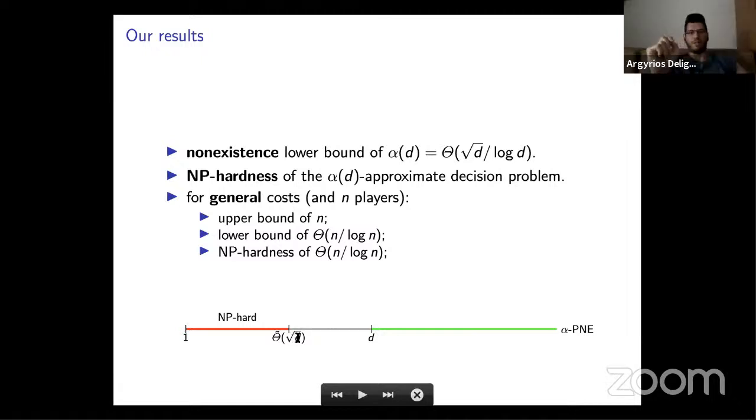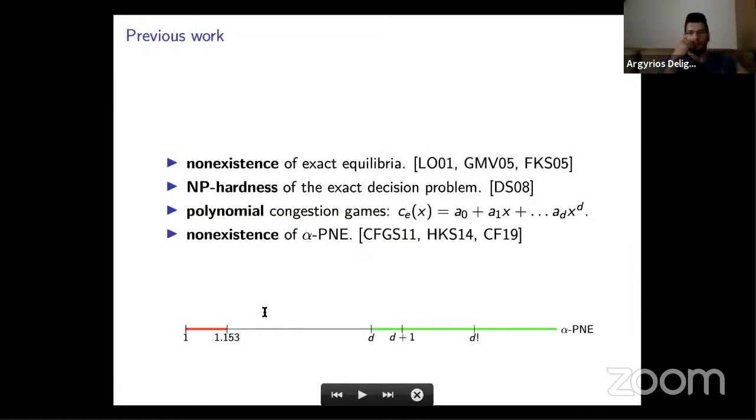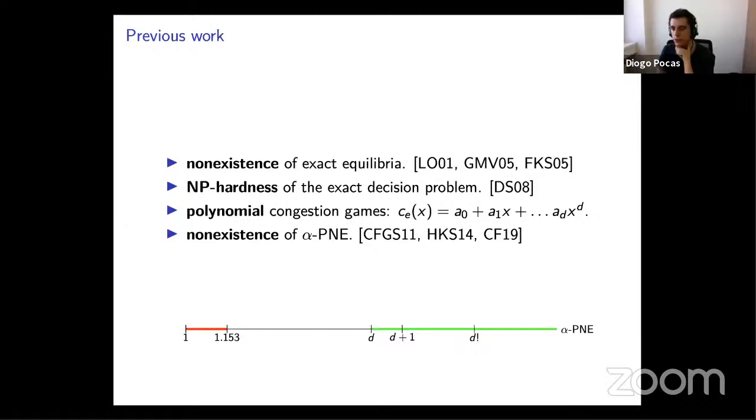I have a question. Sure. Can you go one slide back? Okay, here. If I understood correctly, the hardness results that you got are for polynomial congestion games, or not? Correct. So essentially, the hardness comes from the coefficients A0, A1, up to AD, right?